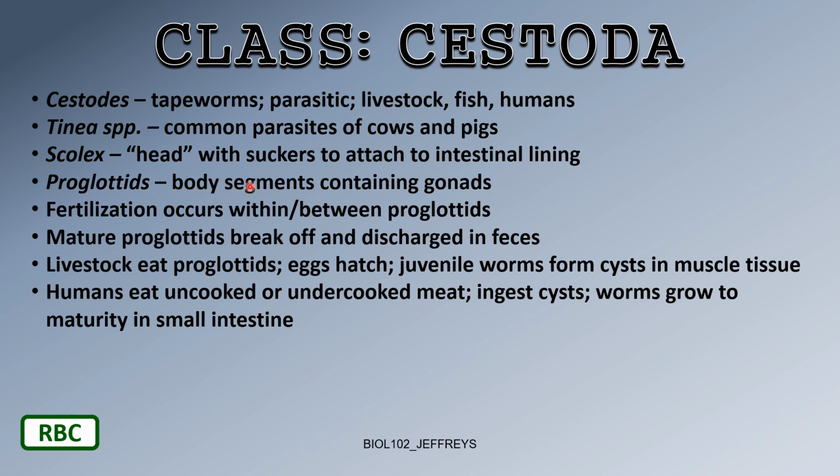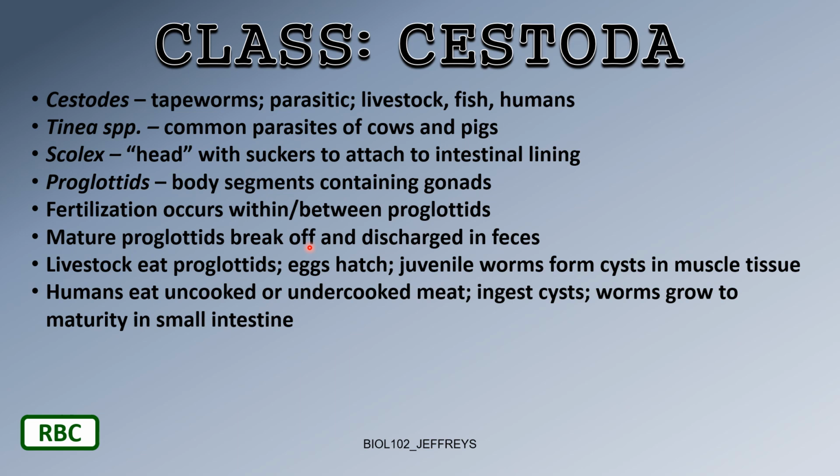These are segmented, but not segmented worms, not like earthworms. The proglottids are the body segments, and each body segment contains both male and female gonads. So fertilization obviously occurs within a proglottid or between proglottids. Now, mature proglottids break off and they get discharged in feces.